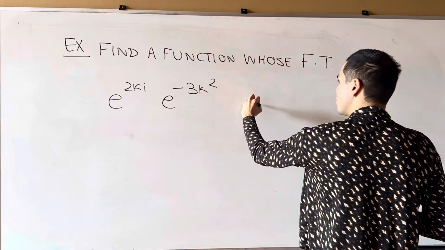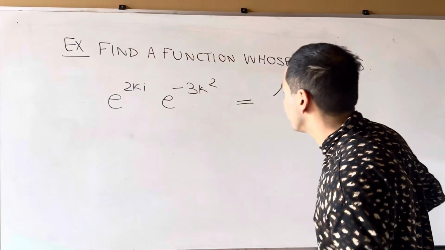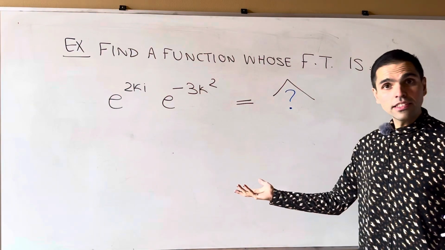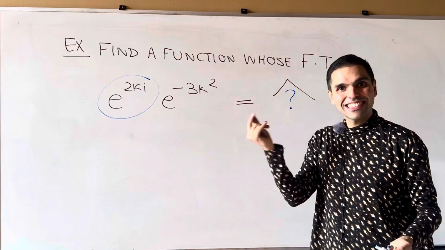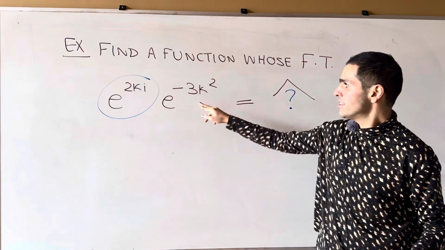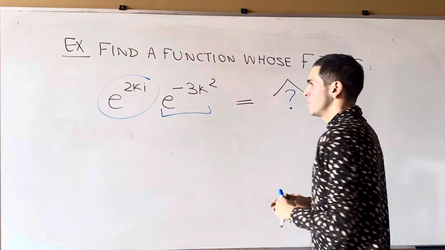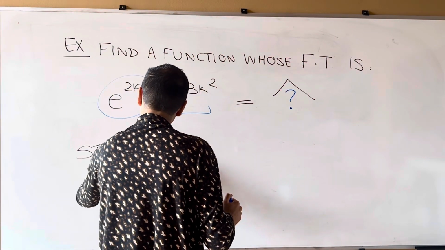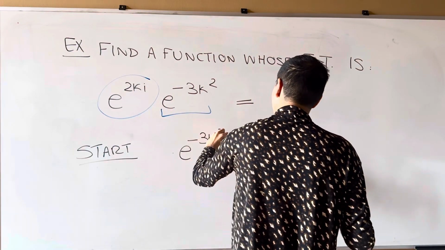So in other words, we want to write this as an f hat. And in this case, because we have this e to the 2 kappa i, it's signal shifting. So let's first start with the unshifted version, e to the minus 3 kappa squared.